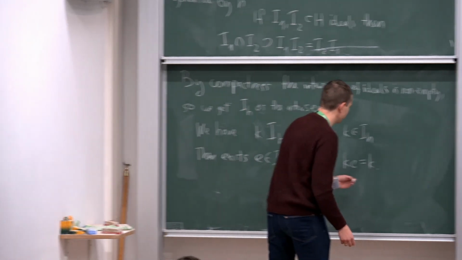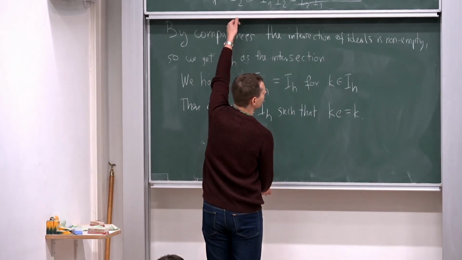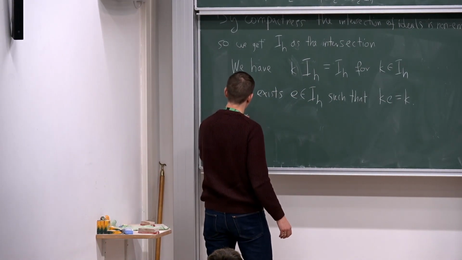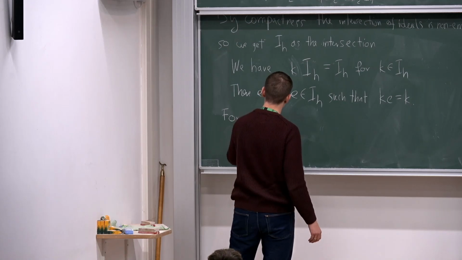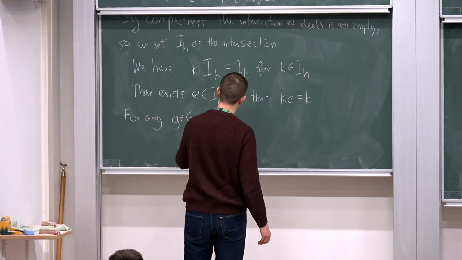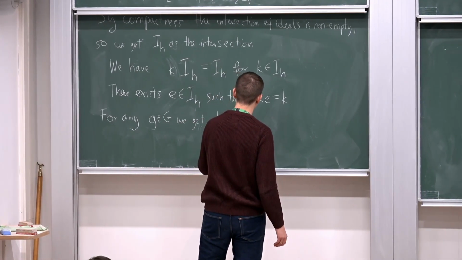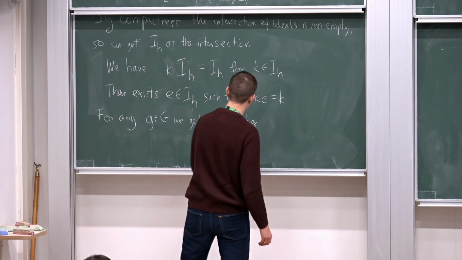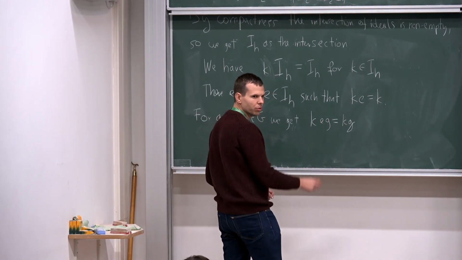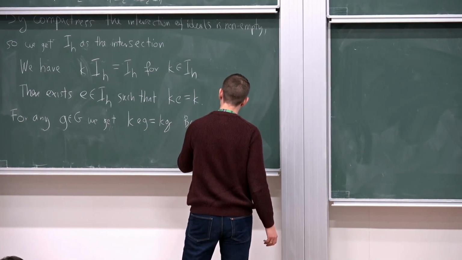Okay, so now we return to the original semigroup, not yet a group. For any G in G, we get KEG is equal to KG, and now by cancellation we get that EG is equal to G. This is where we use the cancellation.